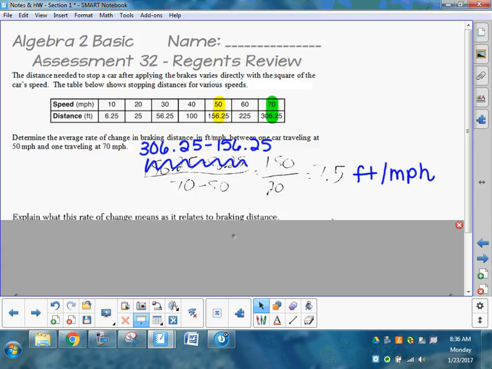I think that would get you 1 out of the 2 points if you put something like that in sentence form down. I think so. Because I think it's missing one little bit more. What I said was, as you increase your speed from 50 miles per hour to 70 miles per hour, each extra mile per hour you add to your speed requires an additional 7.5 feet of room.